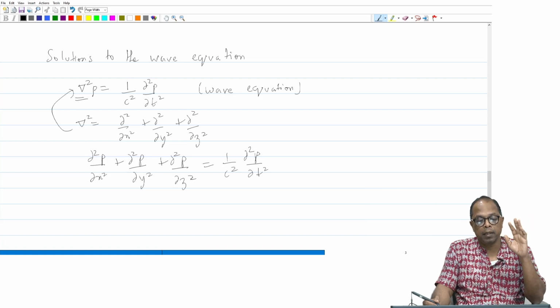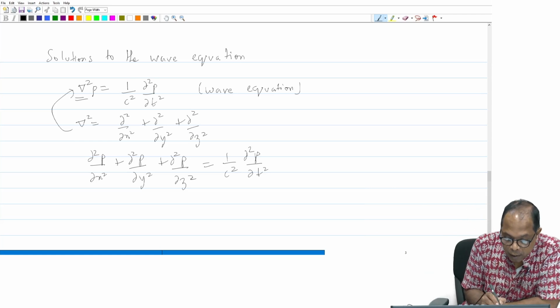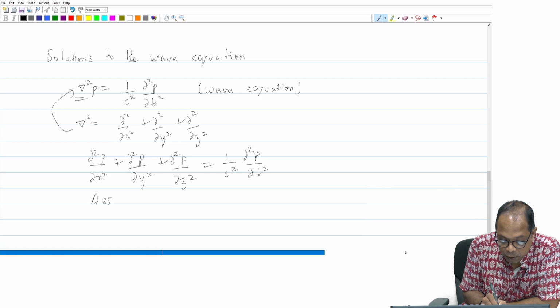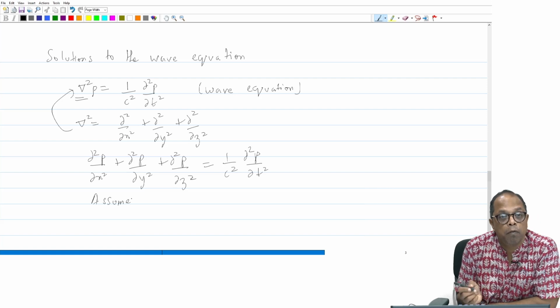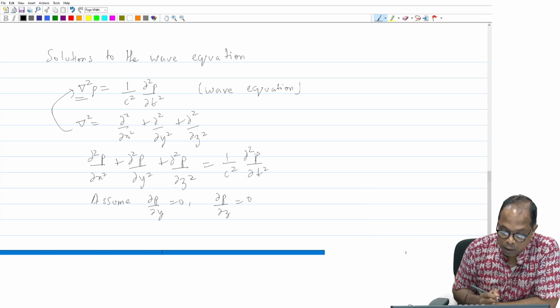Let us consider the solution to this in the easiest manner possible. Let us say that your pressure wave does not vary along the y and the z direction. Assume your dp by dy is equal to 0 and your dp by dz partial also equal to 0.